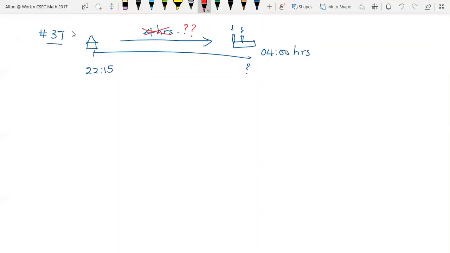Right, so let's recap what this 24-hour clock is about. If you have your 24-hour clock, the first half of the day moves from 0000 hours, that is 12 midnight, and it goes up to 12 noon.